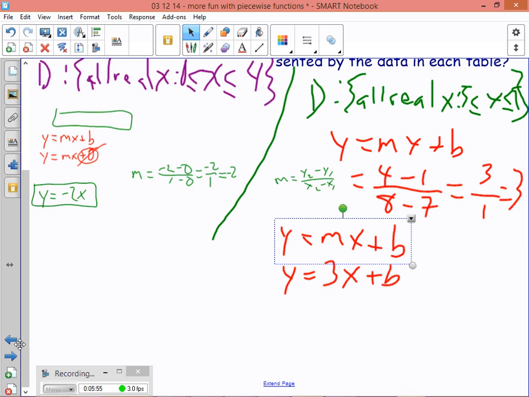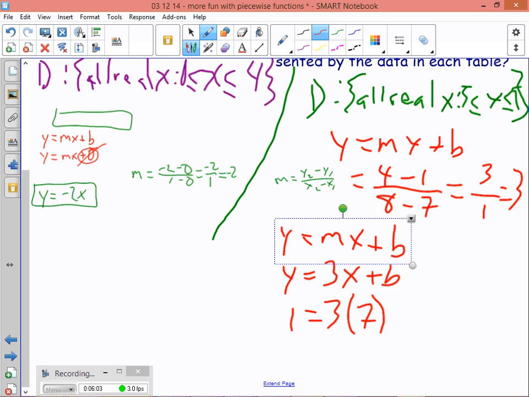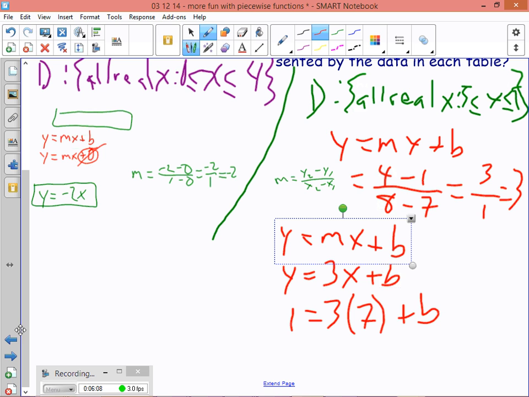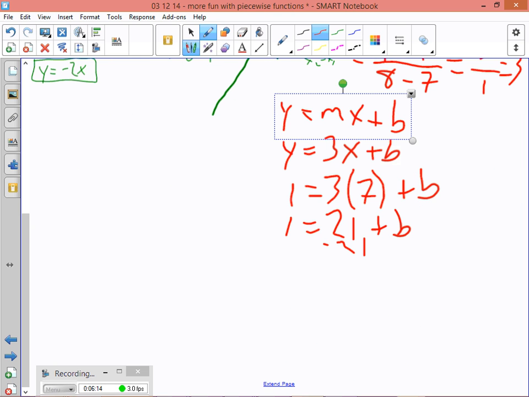Okay? So I go back to my pen. I'm going to plug in 1 for y, 7 for x, and figure out what b is. Okay, 1 is equal to 21 plus b. Take away 21 from both sides. 1 minus 21 is negative 20.